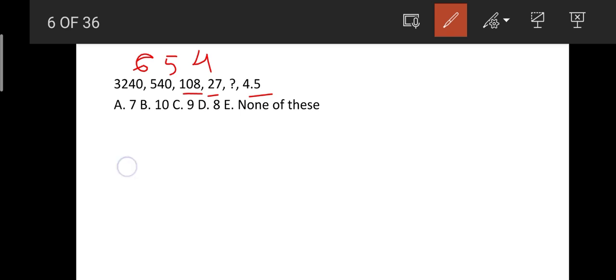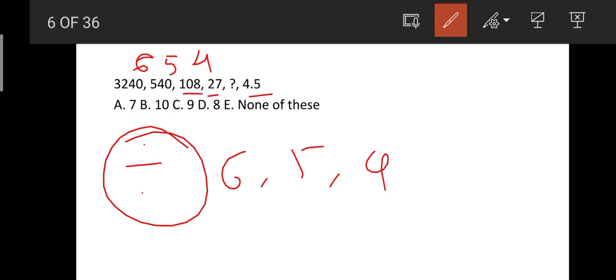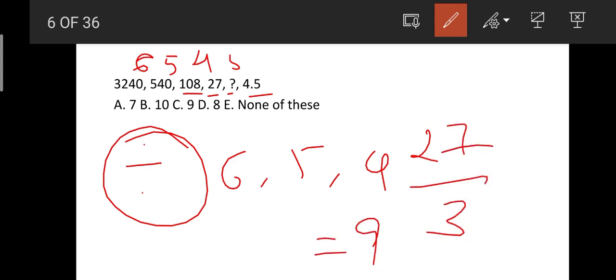If you have observed here, they are continuously dividing the numbers by 6, 5, 4, and then to get our answer, they should be dividing by 3. If we divide 27 by 3, our answer is 9. That is nothing but the third option C, that is 9. Next, if we divide 9 by 2, then here it is 4.5. Okay friends, this is also very simple.